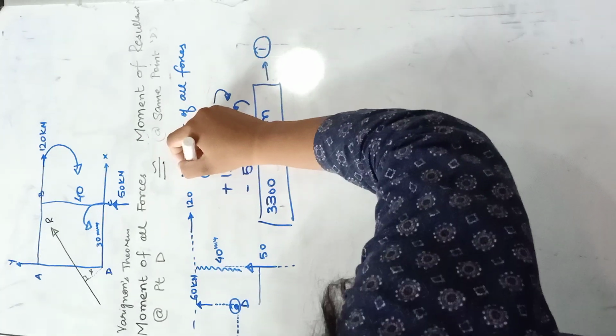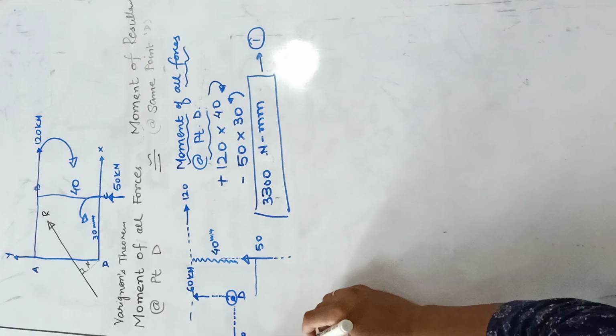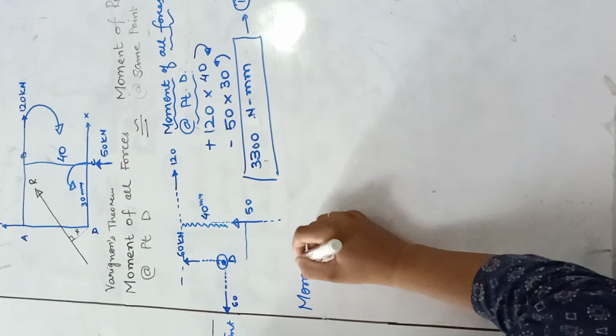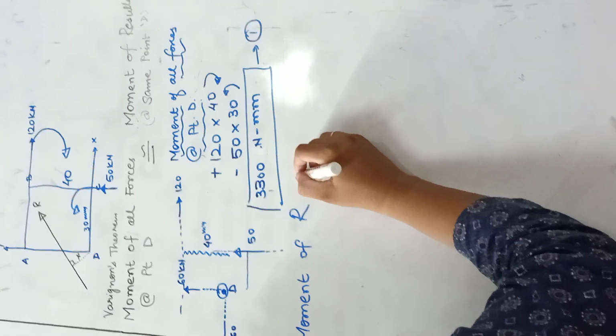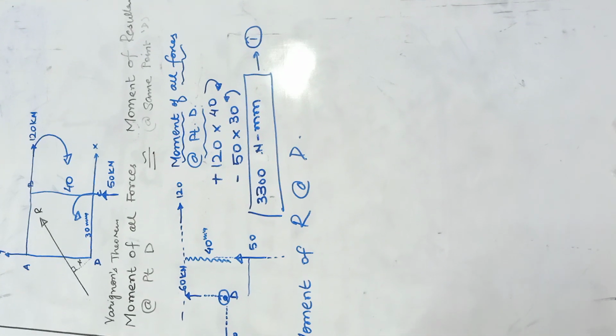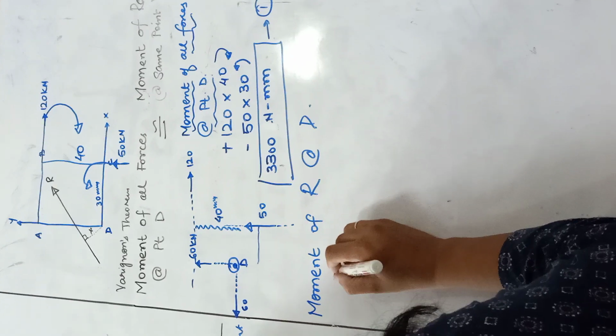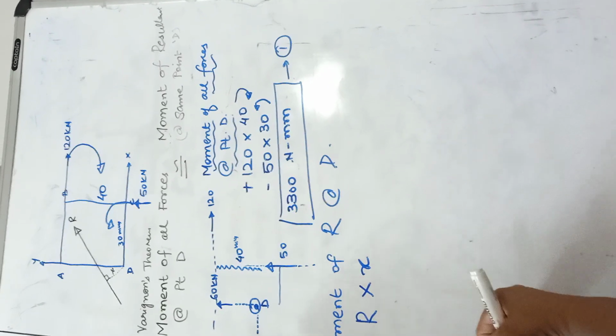Now our second is the moment of the resultant about point D. I will consider it as R into the perpendicular distance. I have taken it as x.